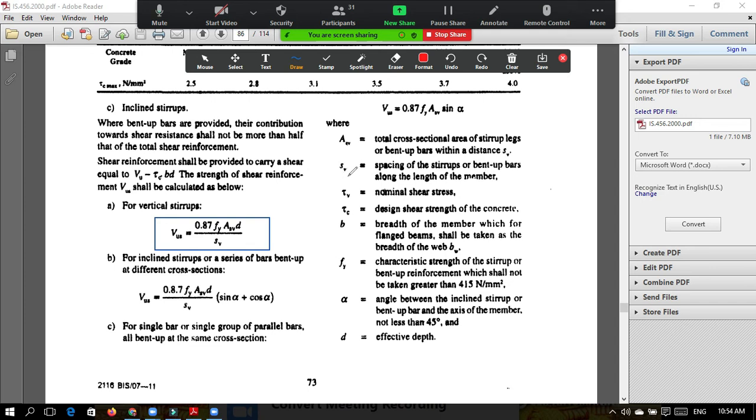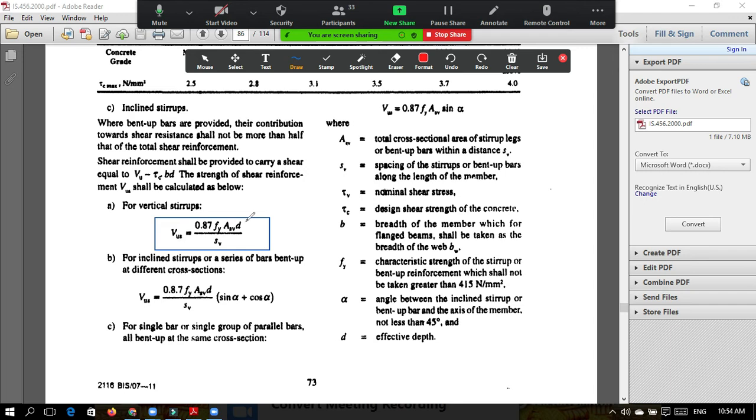Sv is the spacing of the stirrups. b is the breadth of the member. Tau c is the permissible shear strength, which we already know. Tau v is the nominal shear stress. fy is the characteristic strength of the stirrups. d is the effective depth.